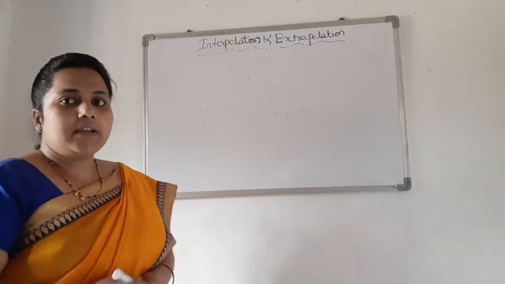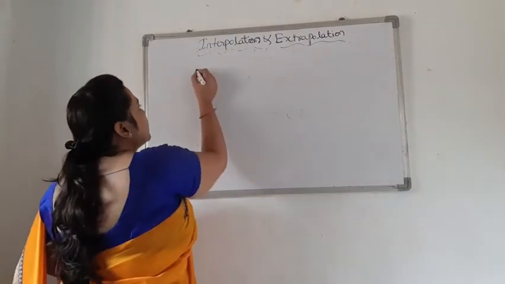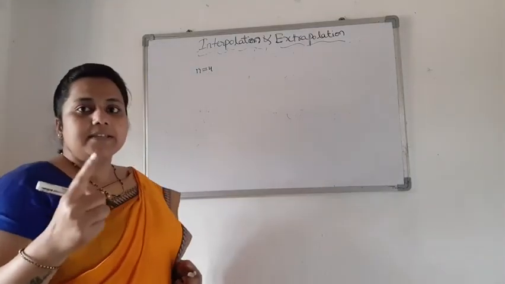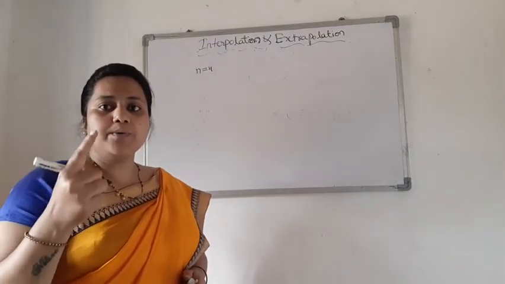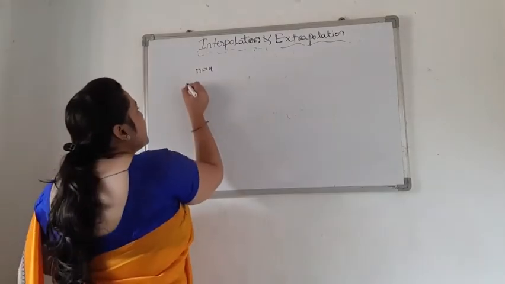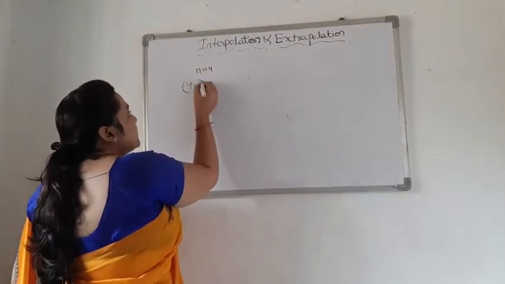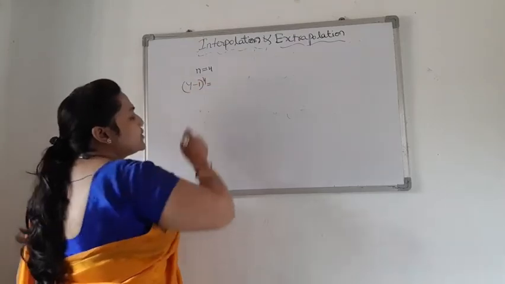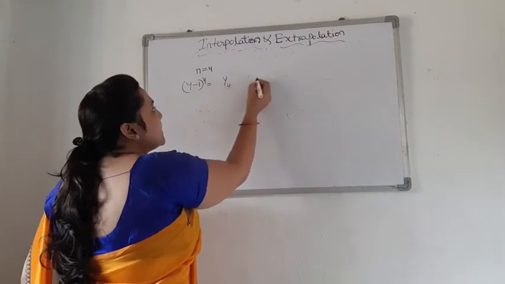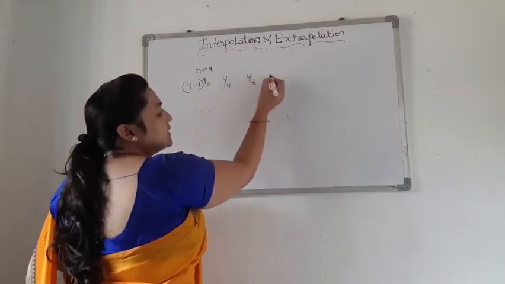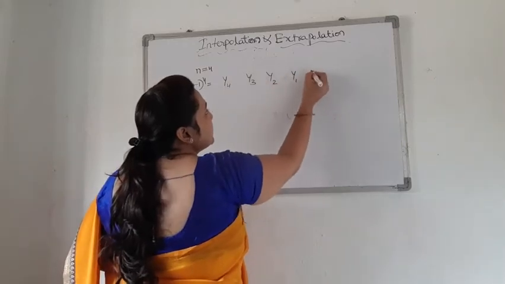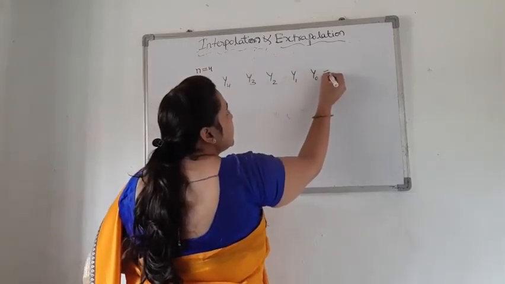Now I am taking the n value as 4. n is equal to 4. When n equals 4, how to expand the binomial term? We will see here: (y minus 1) to the power of 4. We should begin with y suffix 4, then decrease by 1: y3, y2, y1, y0 is equal to 0.